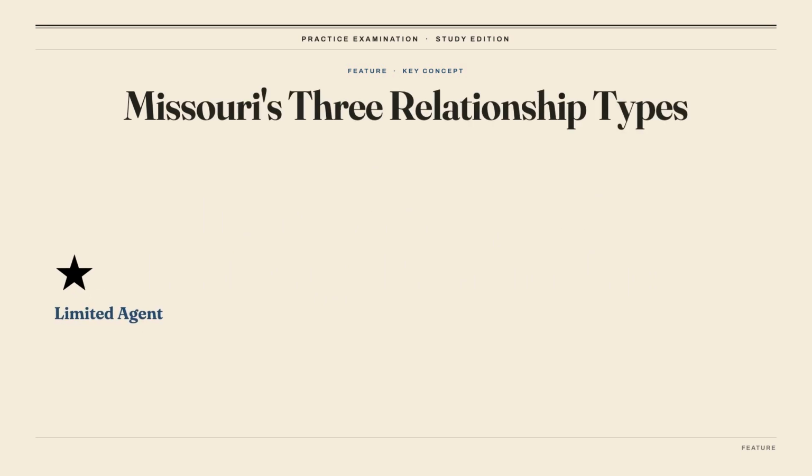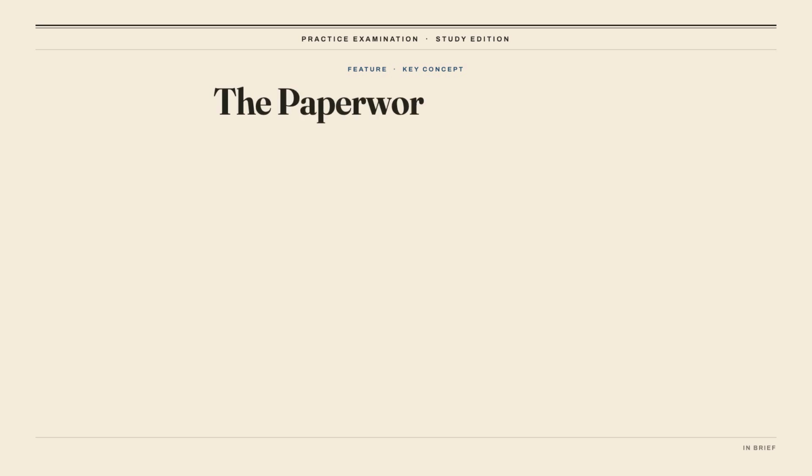Because relationships reset with each transaction, a licensee can serve the same client differently over time as a limited agent representing one side with loyalty and confidentiality, as a transaction broker assisting both sides honestly without advocacy, or as a designated agent appointed within a firm handling both sides.